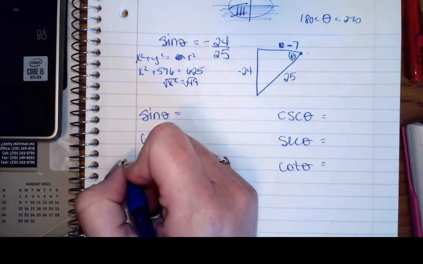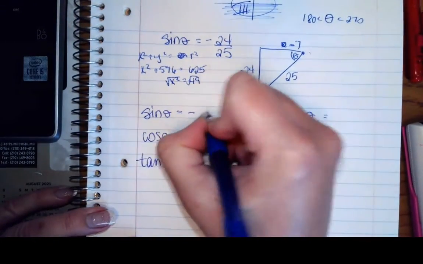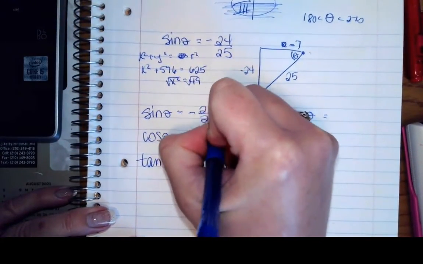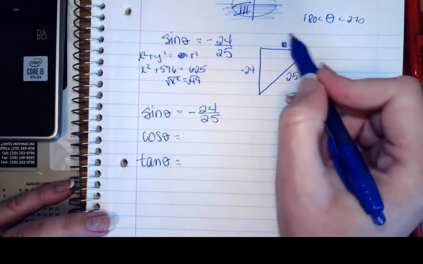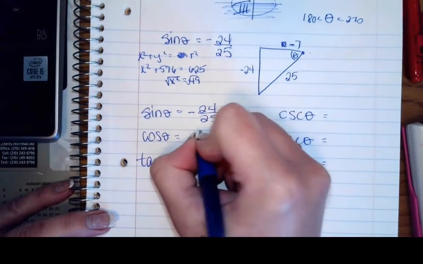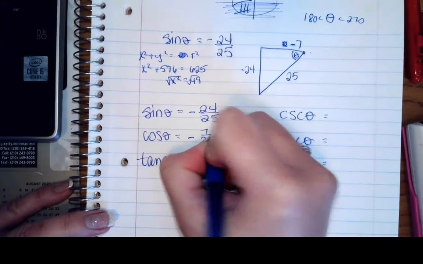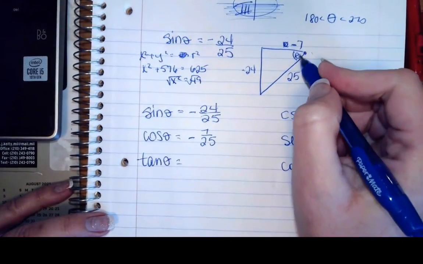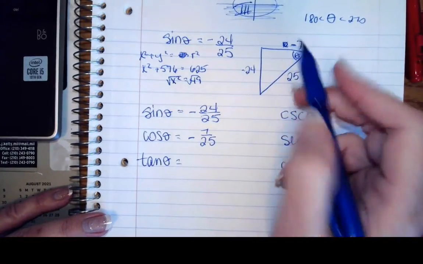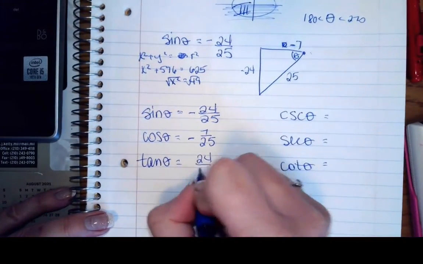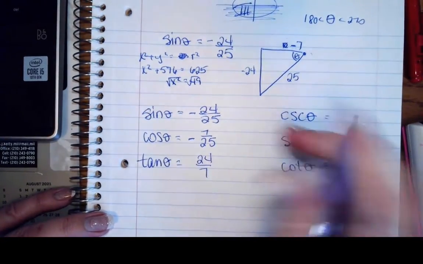Now I can find my other trig functions. I was told that sine is negative 24 over 25. Cosine is adjacent over hypotenuse, so that's negative 7 over 25. Tangent is opposite over adjacent, so negative 24 over negative 7 is positive 24/7.